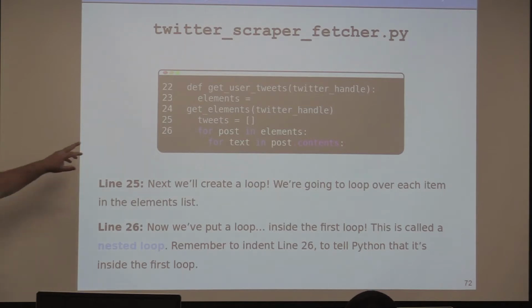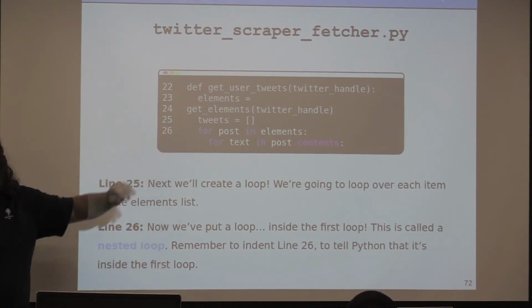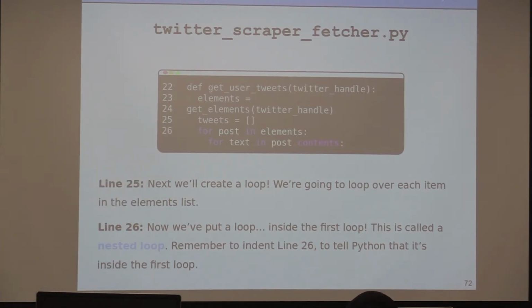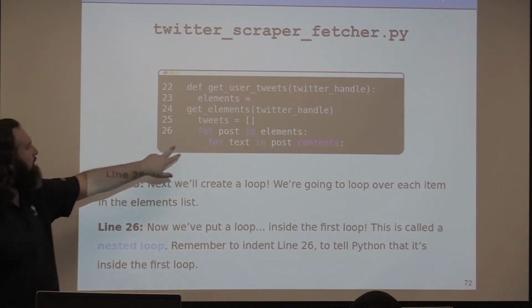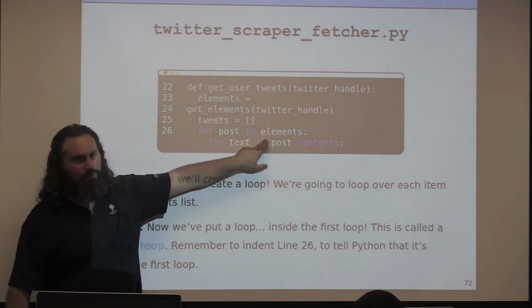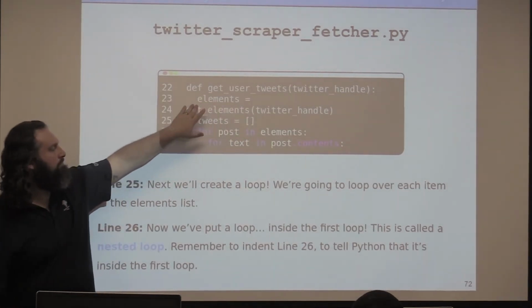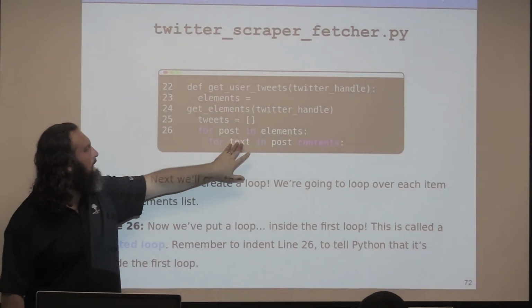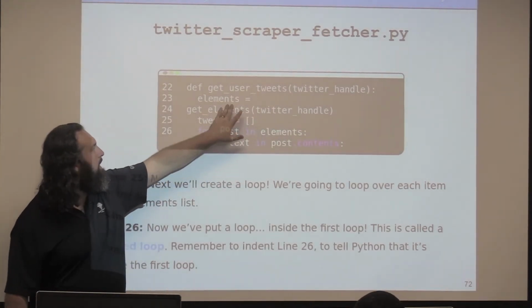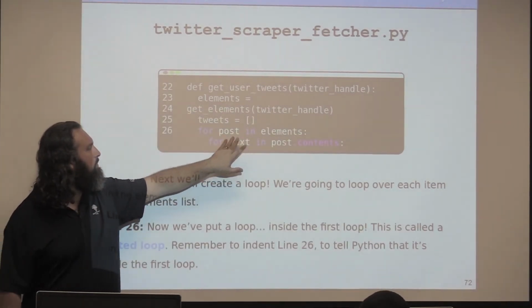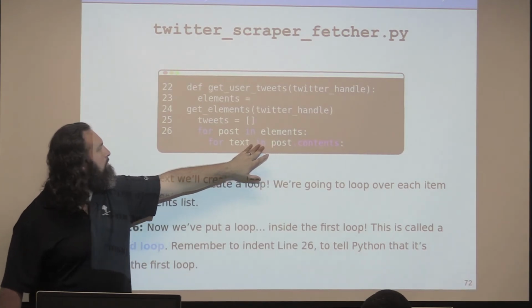So these are going to be your logical operations. Just like the loops we did before, we're going to actually create two loops. They're nested loops. So for each element, notice that this element matches this element. And inside this set of elements, there's going to be posts.